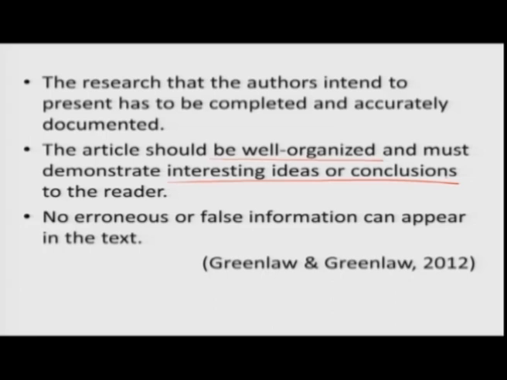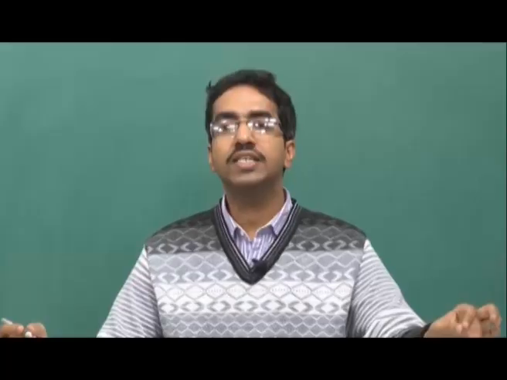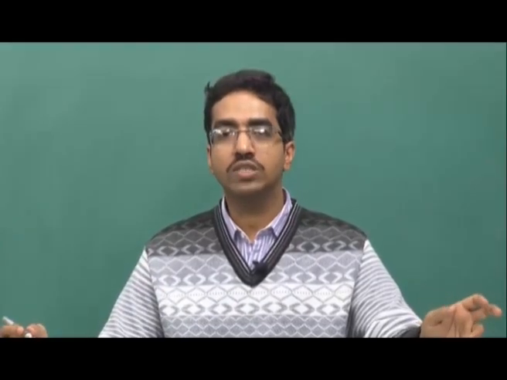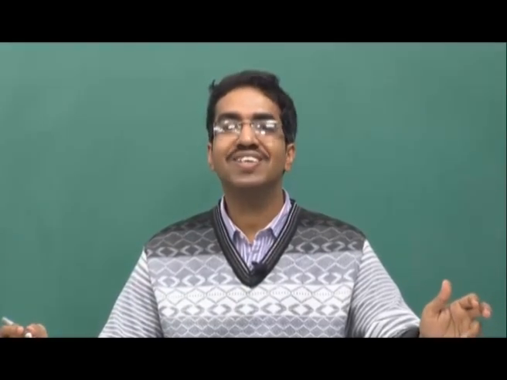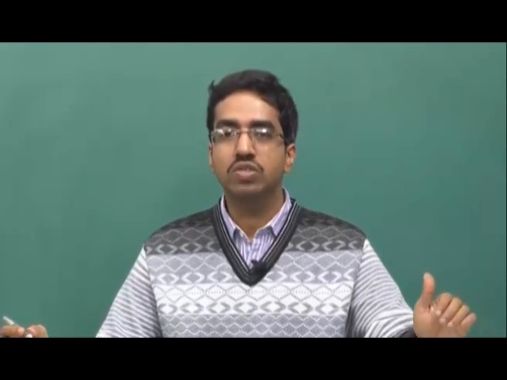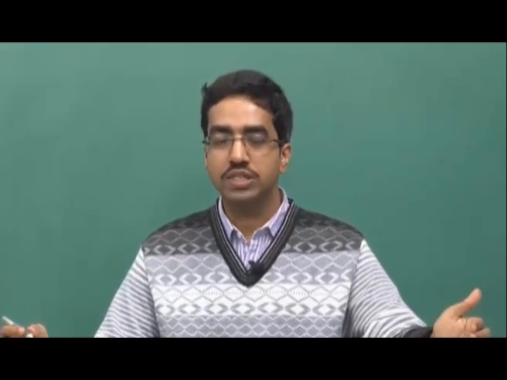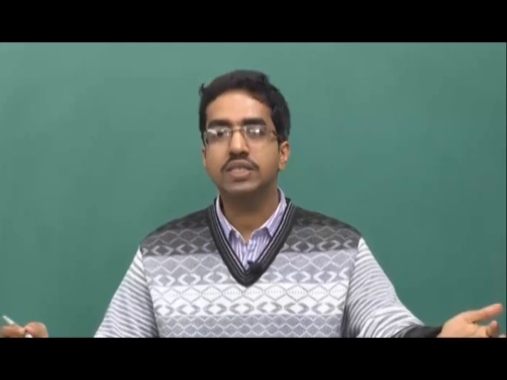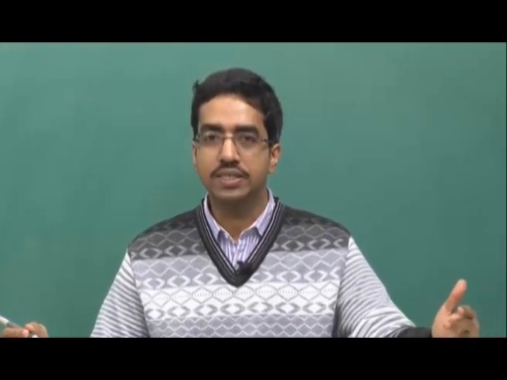It is assumed that you are going to say something new in your research paper. You cannot be merely reiterating what is known, what has already been established. That cannot be your research paper. That is a difference between a textbook and a research paper.